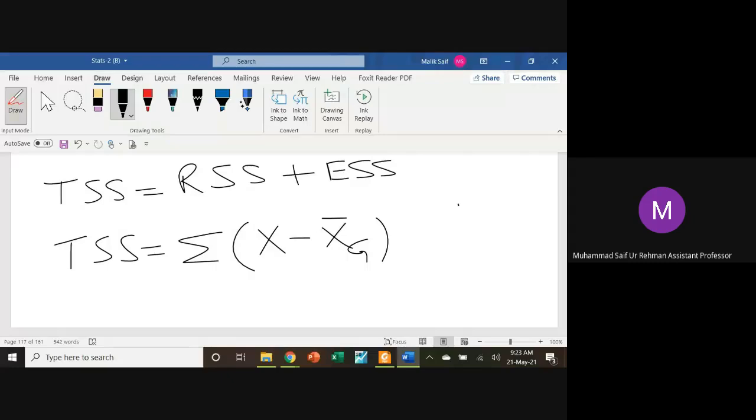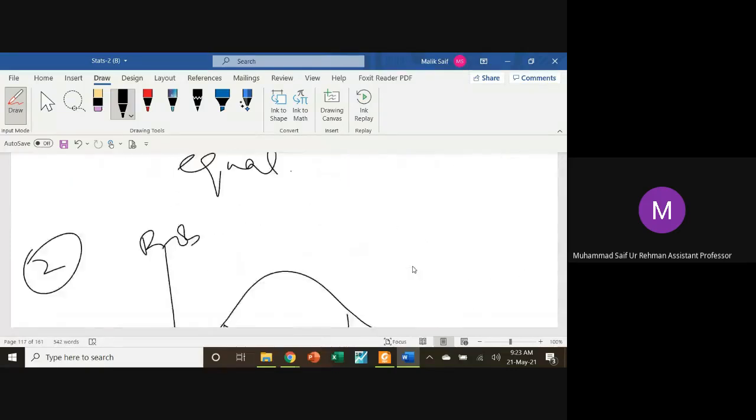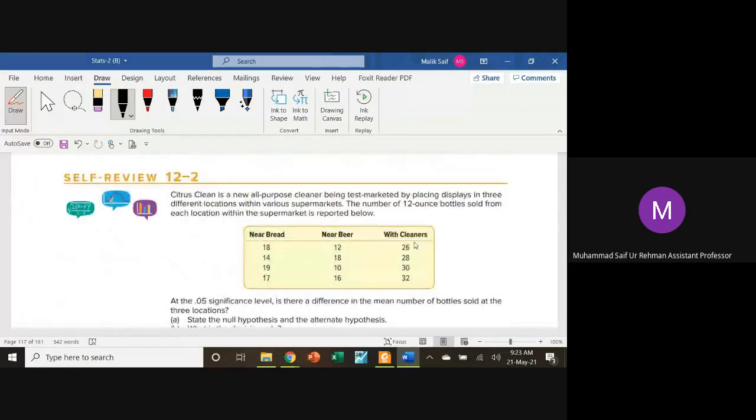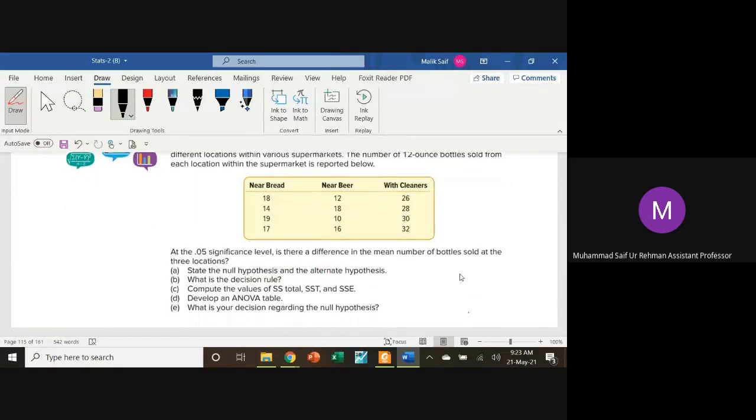And G is the grand mean. Grand mean means you have to add all the values in this question and divide by 4 multiplied by 3, that is 12. So you will have the grand mean.